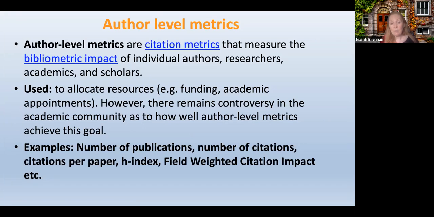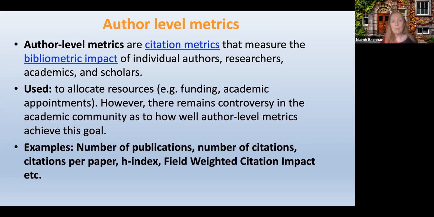There remains controversy in the academic community as to how well author level metrics achieve this goal. But there's controversy about every single part of research evaluation. It's important for us to be aware of those controversies and discussions, but it shouldn't put us off engaging in this area and trying to be fair and provide the best reports we can.